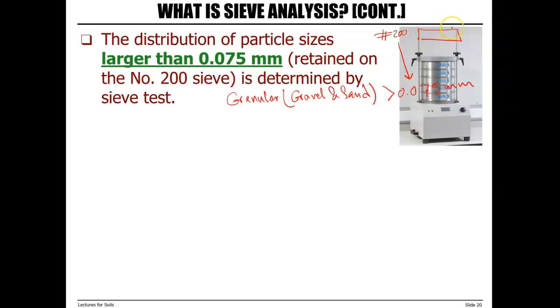Whatever stays on top of the sieve, which we call retained on sieve, is coarse material, and materials passing through sieve number 200 is fine material. So coarse material or granular or gravel and sand are particles larger than 0.075 millimeter, and that's the sample that is used for sieve analysis.